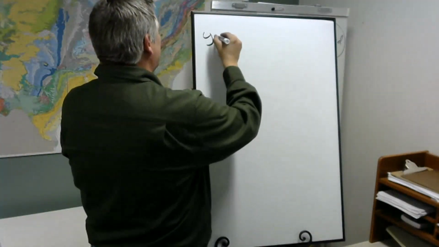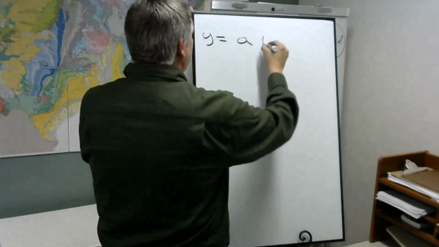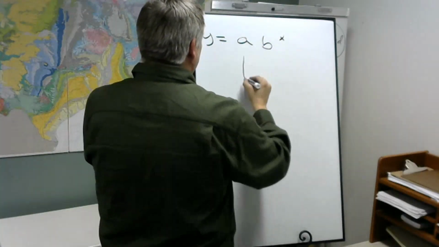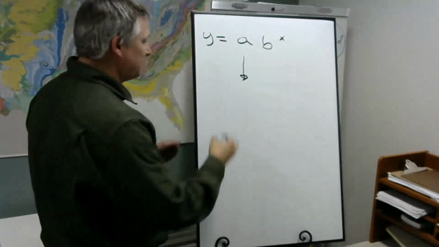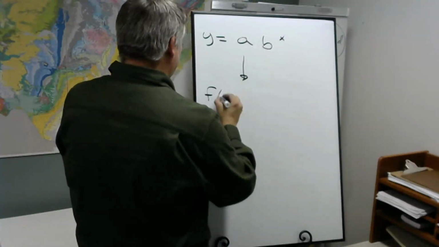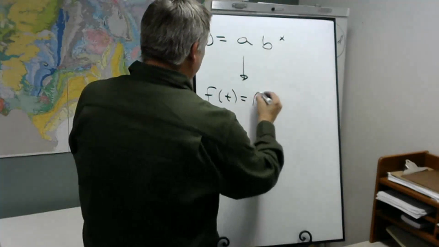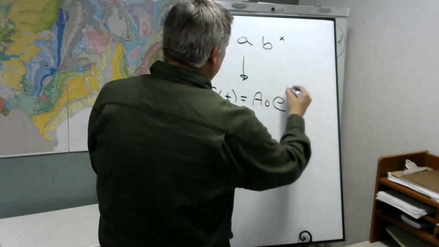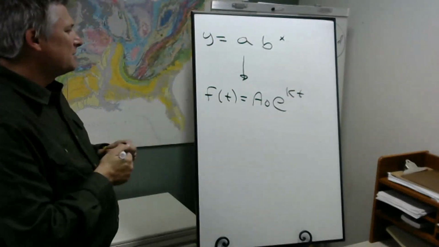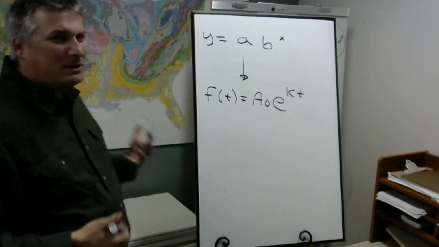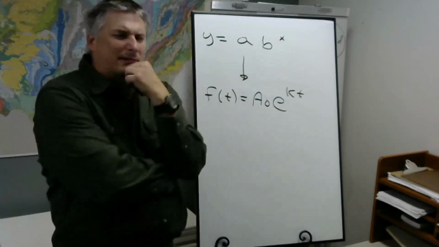We want to take y equals a to the bx, and we want to rewrite it in something similar to the form f of t equals a0 e to the kt. So how can we do that? And where do you come up with a model like that?